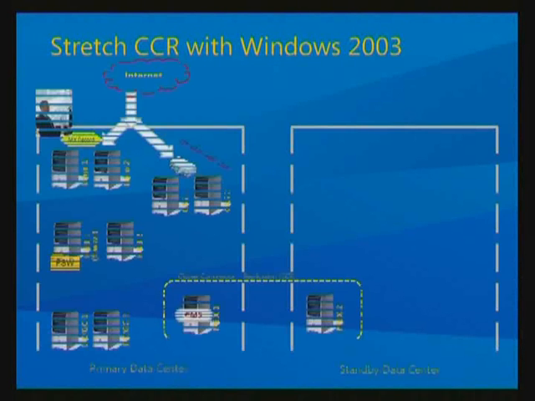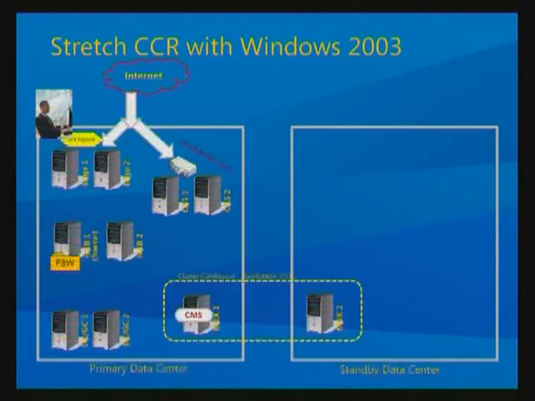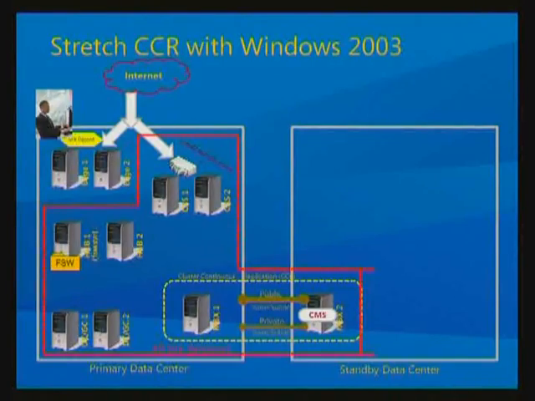So I have right here some animation that will show you how this works when you stretch it with 2003. You can see you've got the primary data center and the secondary data center. We have our public and our private networks. They have to be the same subnet. When you fail over, you now see that your active is in the secondary data center.